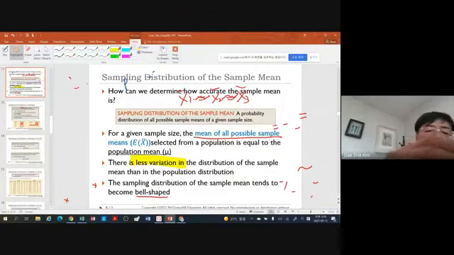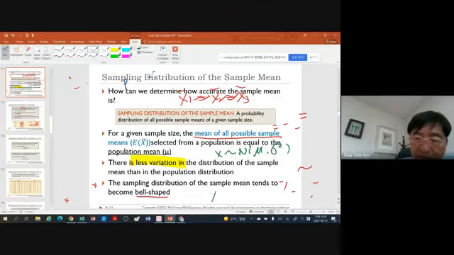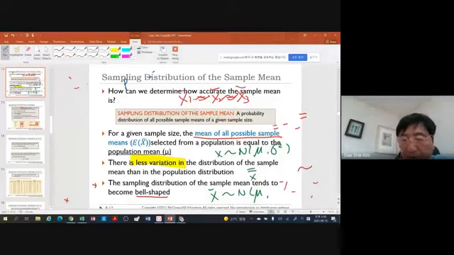I have explained that when x follows normal distribution with mu and sigma square, x bar will follow normal distribution, and mu is the same. The average of x bar, x double bar, and mu are exactly the same.